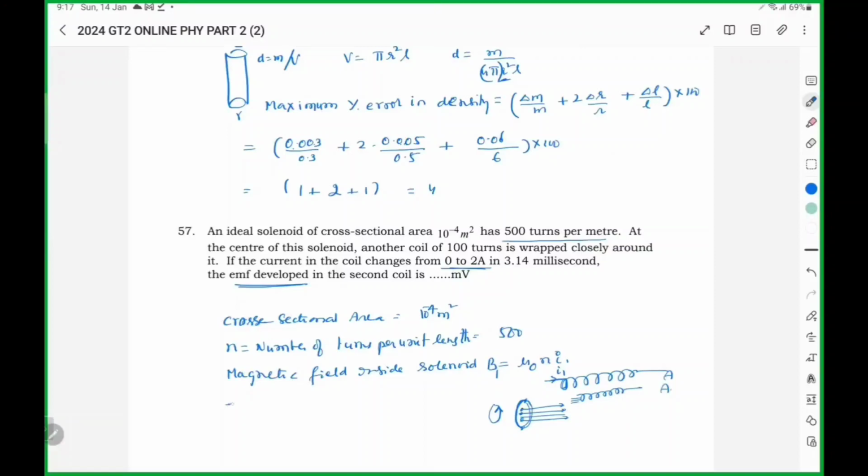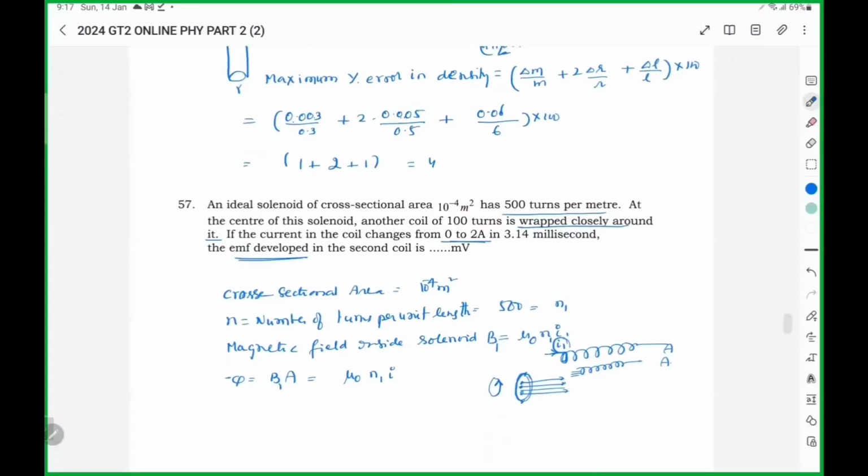Here flux is nothing but B1 times area. That B1 is due to the magnetic field due to this current. Since both are wrapped closely around it, both areas are the same. So B1 here is mu naught n1 I. Here n1 stands for the number of turns per unit length in the first solenoid.